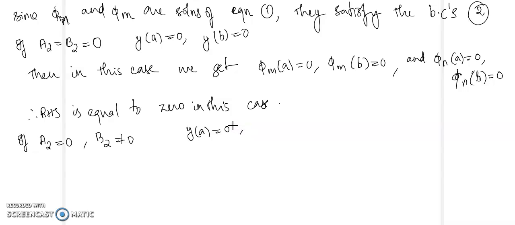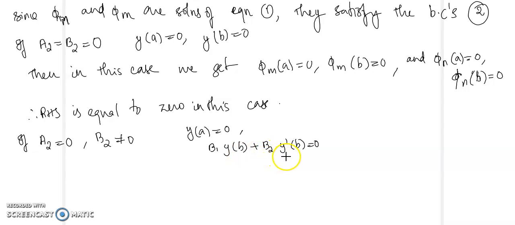And B2 is not equal to 0, so we will get the second condition as B1 y of B plus B2 y dash of B equal to 0.